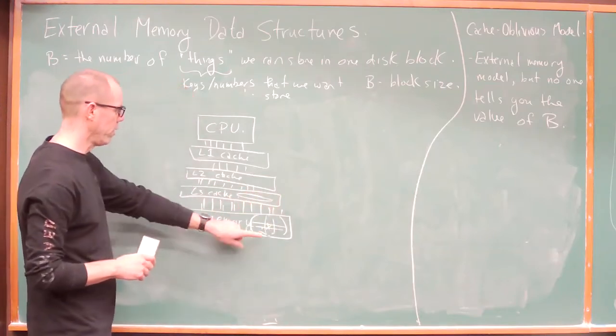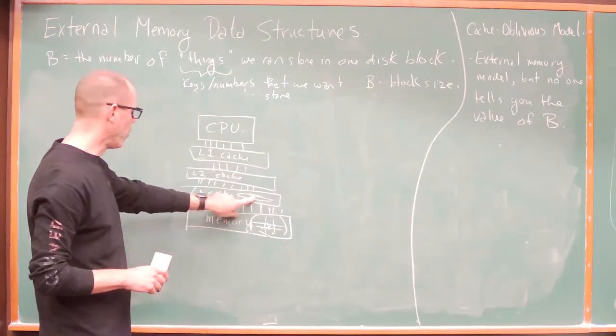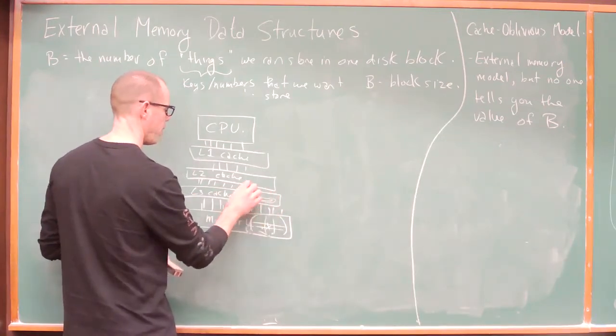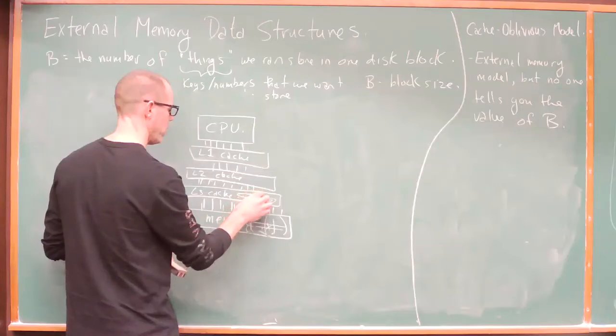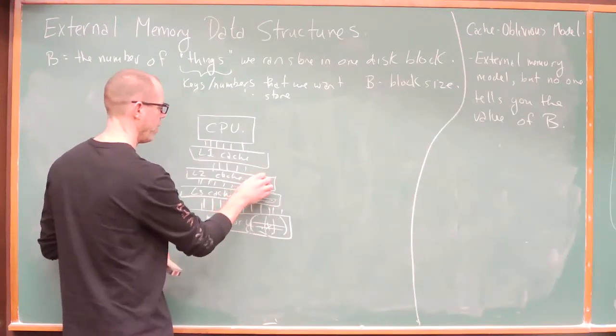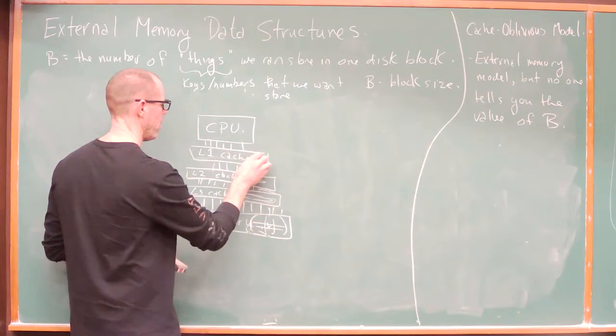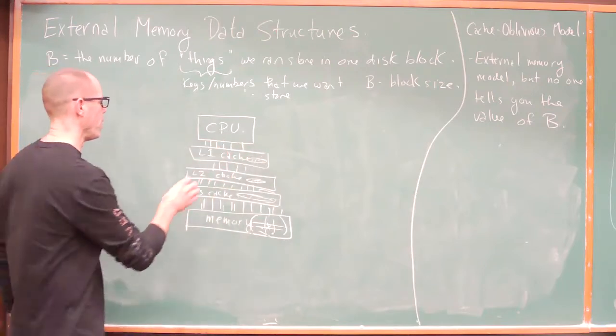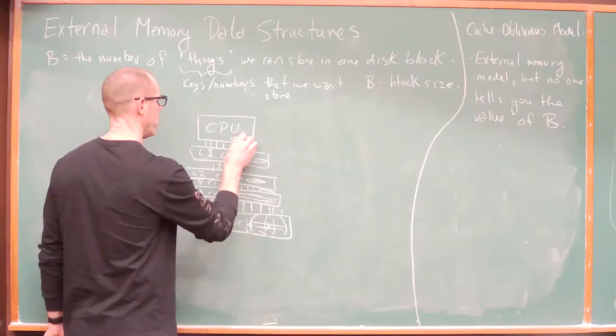There's a particular block size for the L1 cache. Some portion of that gets read into the L2 cache. There may be a different block size for that. Some portion of that gets read into the L1 cache, and then the CPU has quick access to it. And it gets read into a register in the CPU.